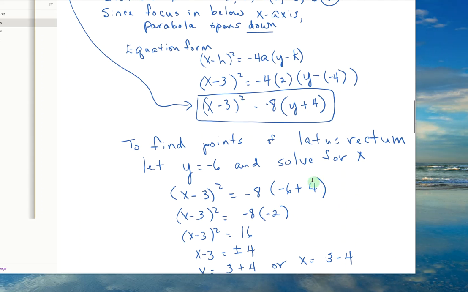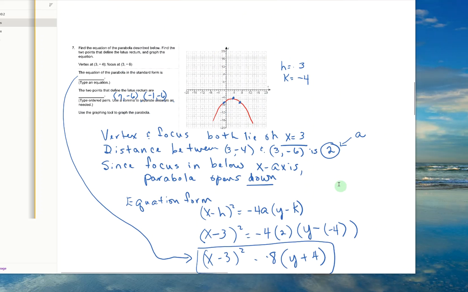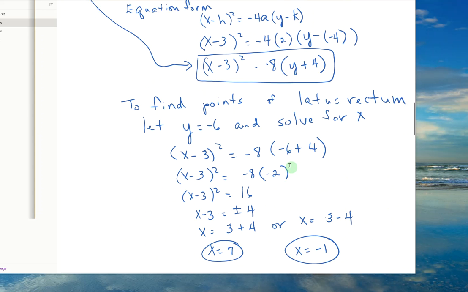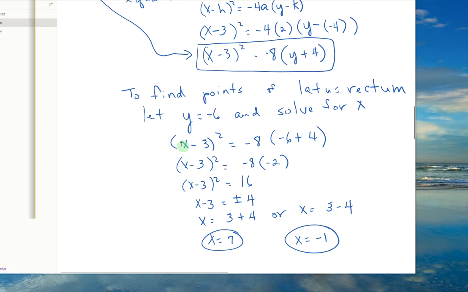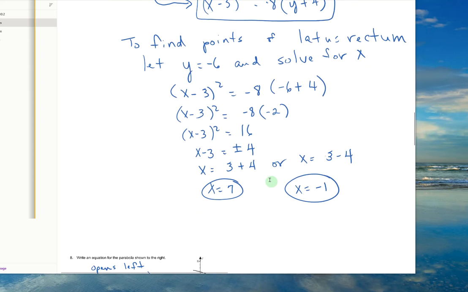To find the points of the latus rectum, let y equal negative 6 and solve for x. Because here's your focus, remember, there's your focus. So if I let y equal negative 6, I've got (x minus 3) squared equals negative 8 times (negative 6 plus 4). That becomes negative 2. Negative 8 times negative 2 is 16.